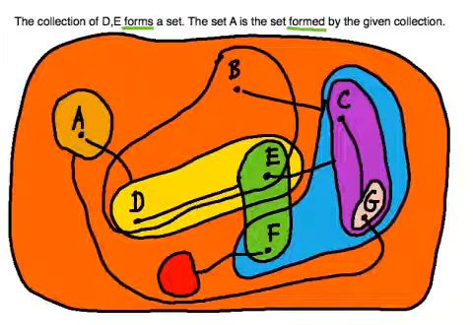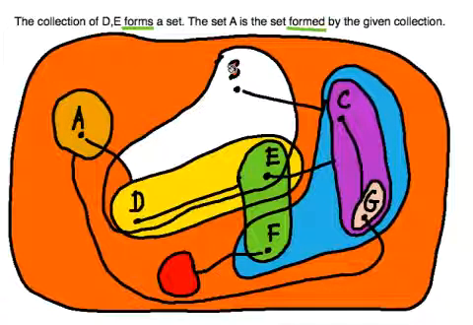So that makes it clear that there is a difference between a set and a collection. So we can have collections that do not form sets, but certain collections do. And that's why we need the terminology of forming a set to identify which collections appear as sets in the universe and which do not.